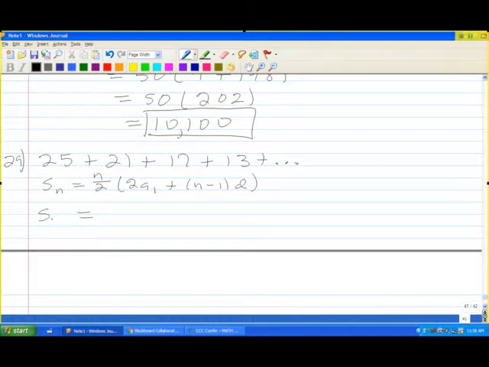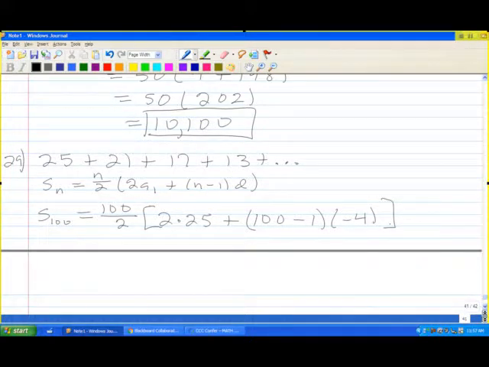I want 100 terms, so n is 100. The first term is 25. The common difference is negative 4, because I keep adding negative 4.